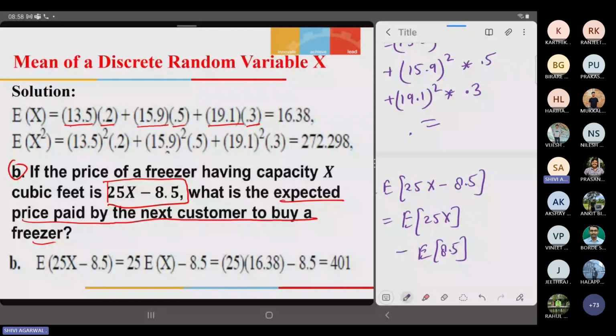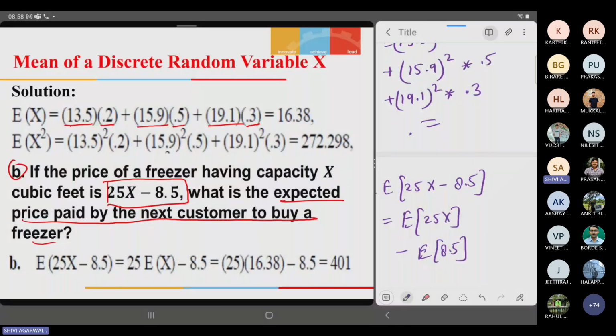X is the value of a random variable. Where we use it, we are trying to find the expected value of x, expected value of x square and expected value of x cube, respectively.